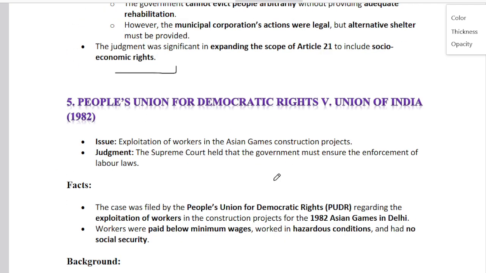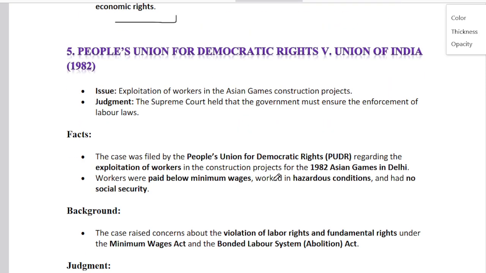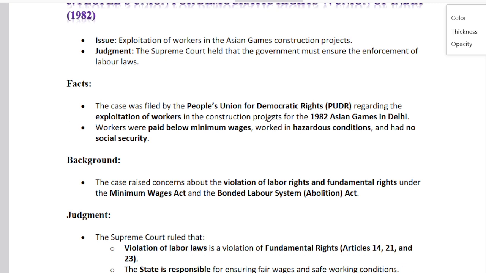The next case is People's Union for Democratic Rights versus Union of India, 1982. The issue was the exploitation of workers in the Asian Games construction projects. The case was filed by the People's Union for Democratic Rights, that is PUDR, regarding the exploitation of workers in the construction projects for the 1982 Asian Games in Delhi.